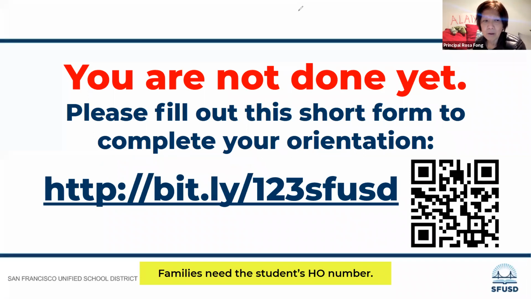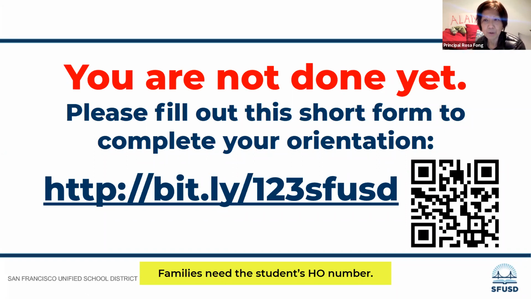Prior to my email earlier in the afternoon, I asked that you have your child's ID number ready. This is the reason why: we would like you to fill out this form to complete your orientation.